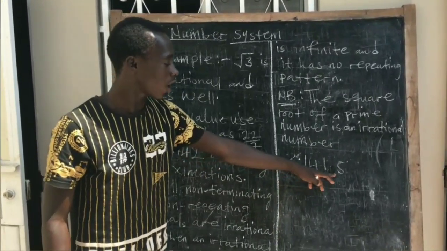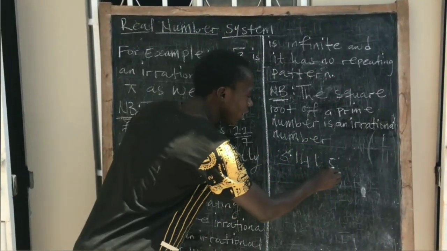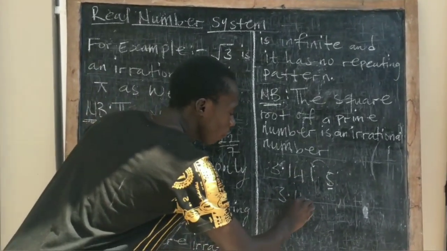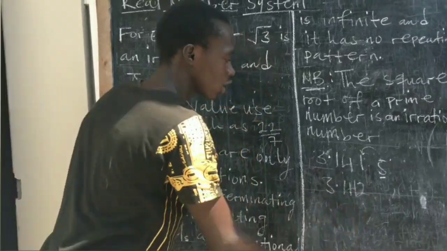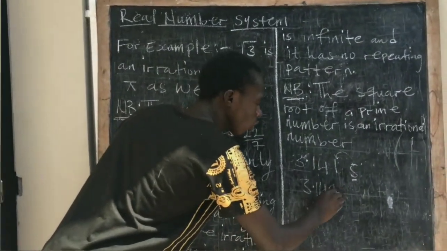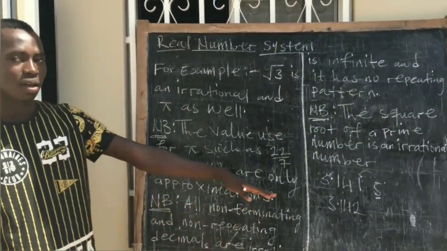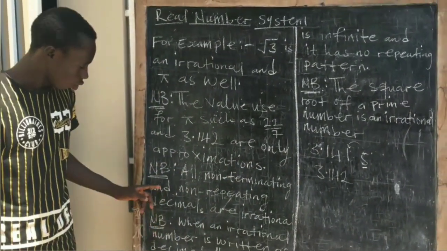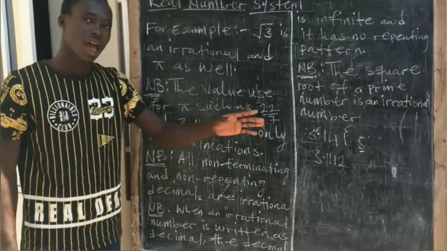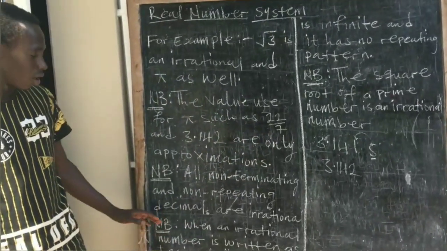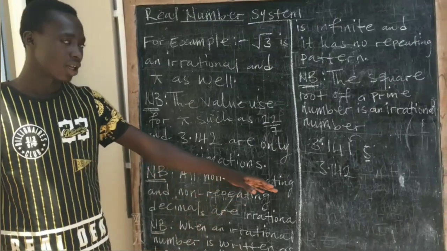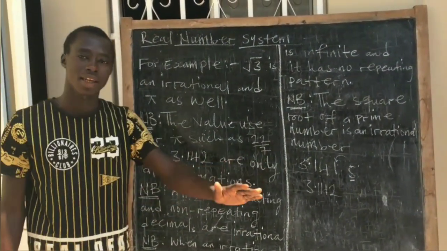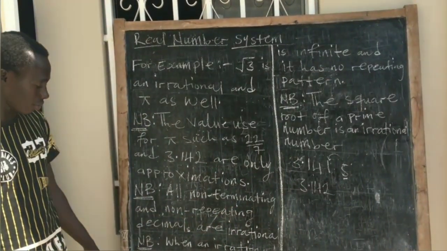So that is why they approximate. If you approximate, it will be 3.142. It is not exactly 3.142. It is an approximation. Now note, all non-terminating and non-repeating decimals are irrational numbers.